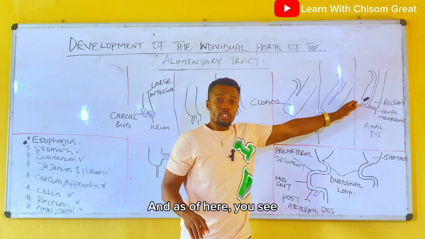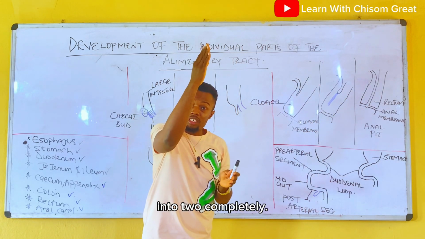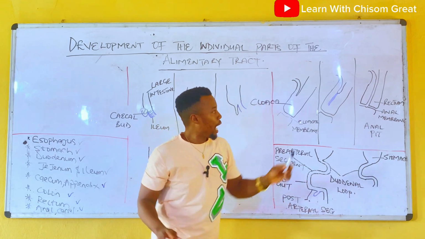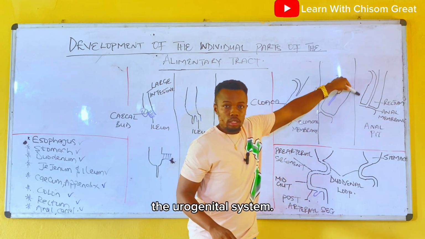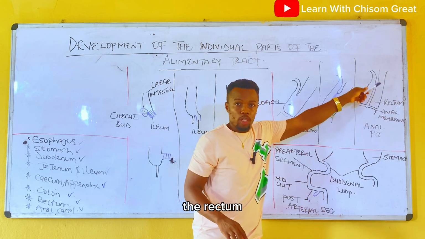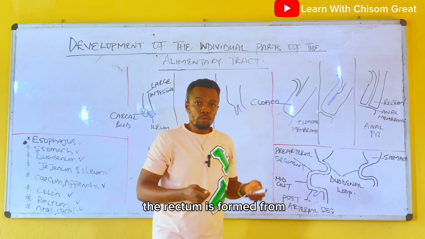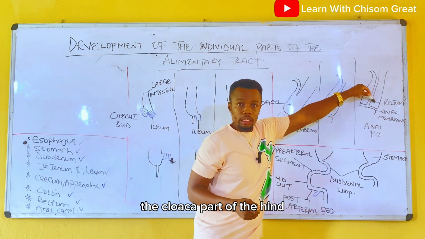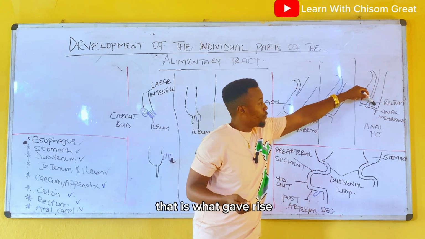And as of here, you see that the cloaca has been divided into two completely. And this part gave rise to the urogenital system, while this part gives rise to the rectum. So the rectum is formed from the cloacal part of the hindgut. So that is what gave rise to the rectum.